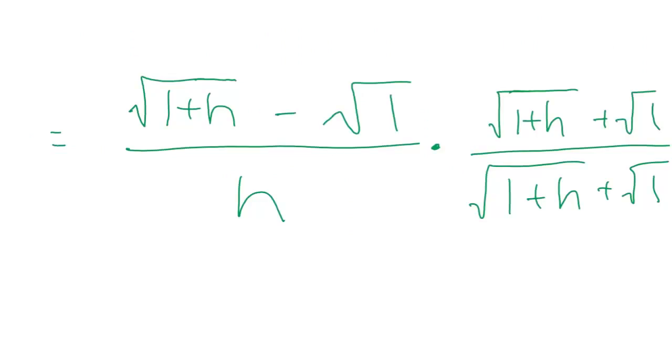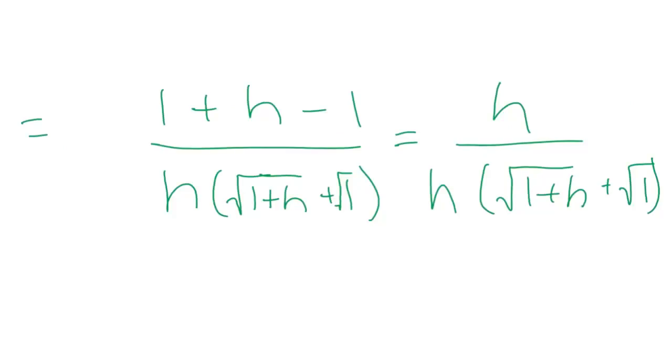This then gives us square root of 1 plus h minus square root of 1 over h, and we're going to multiply it by the identity again, giving us times square root of 1 plus h plus square root of 1 over square root of 1 plus h plus square root of 1.